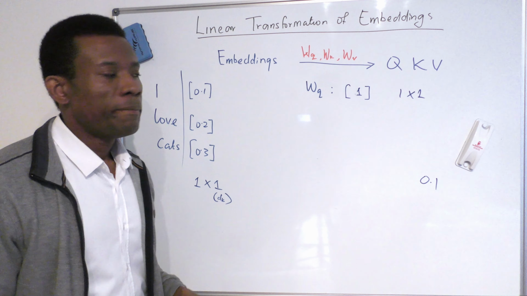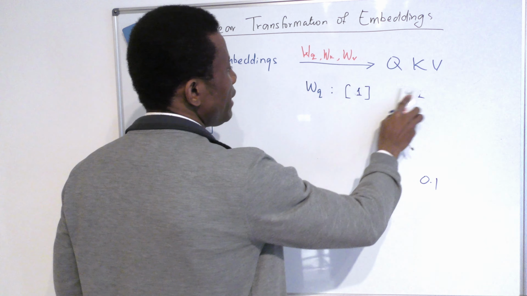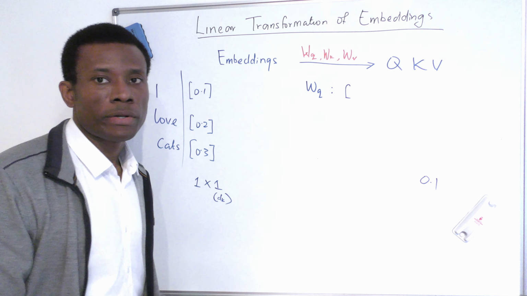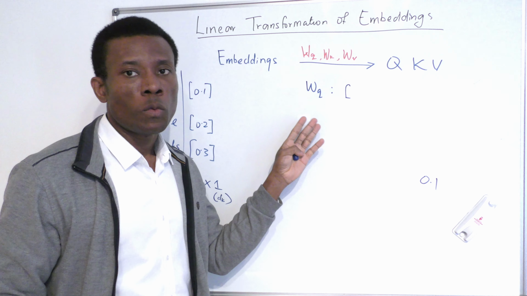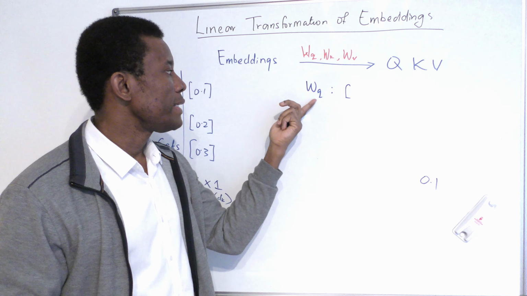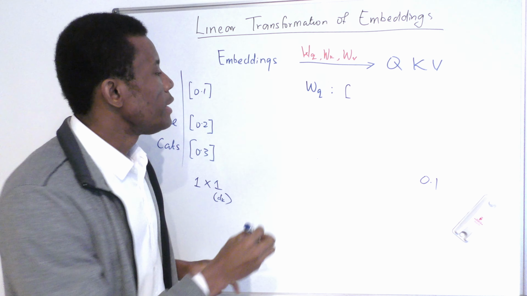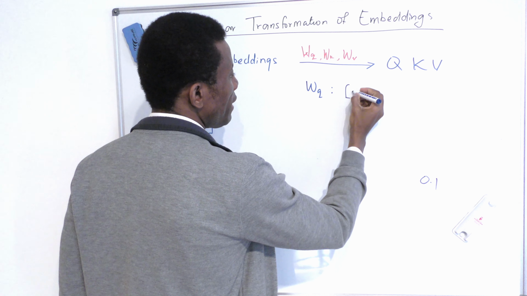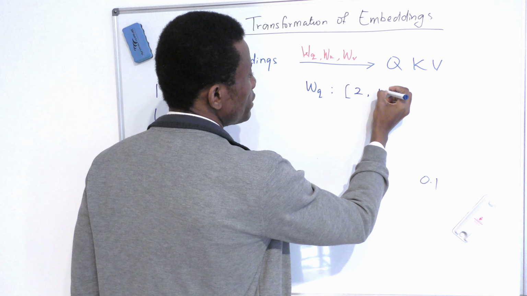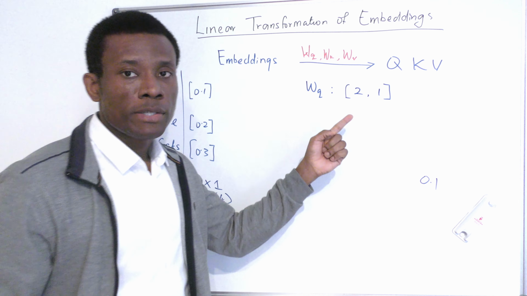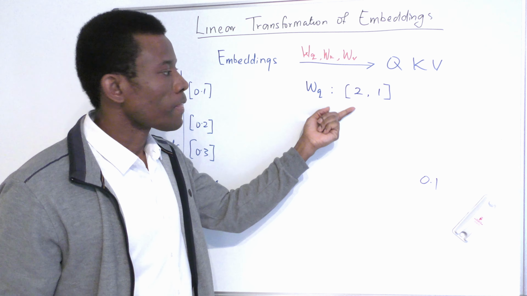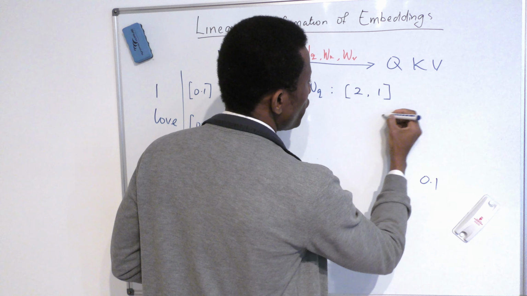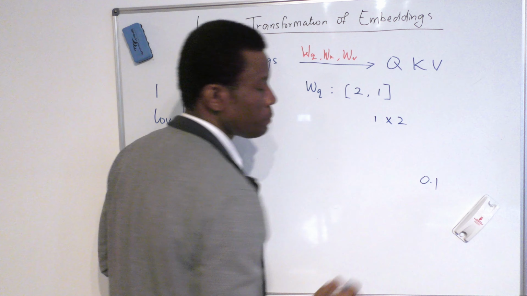Let's adjust the dimension of this. Let's say in the transformer network, we have a dimension of 1 by 2. Let's try WQ of 1 by 2. So this is 1 by 2.